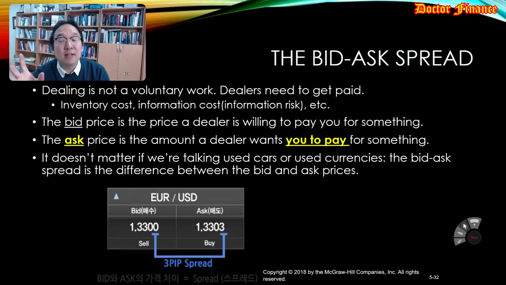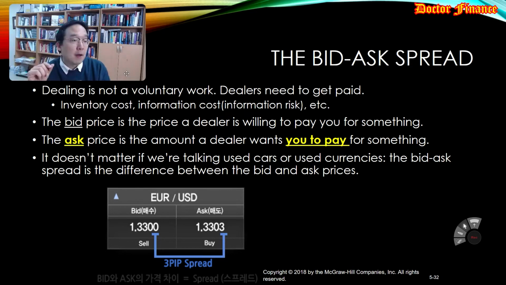There's a dealer dealing in this foreign currency, like US dollars or Japanese yen or Chinese yuan, whichever currency you want. This dealer keeps an inventory of this currency. And by keeping this inventory in their book, they take the risk of the value of the currency.